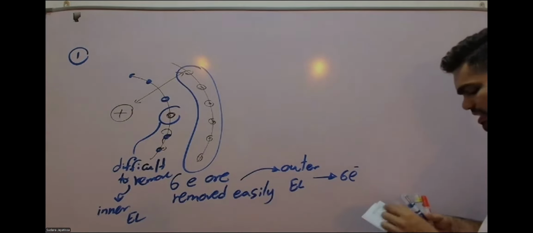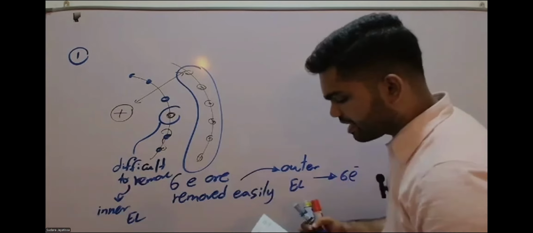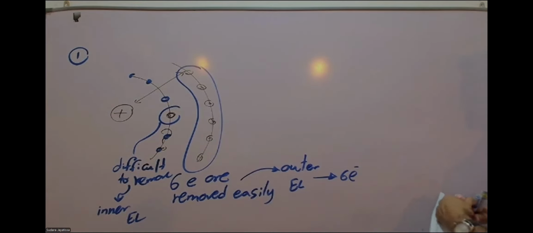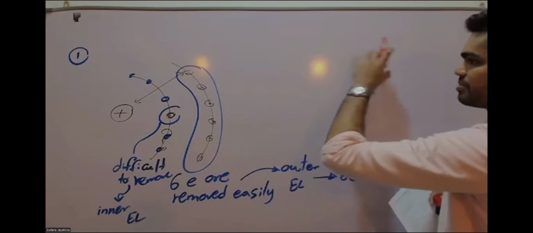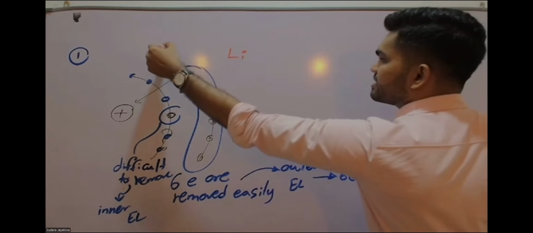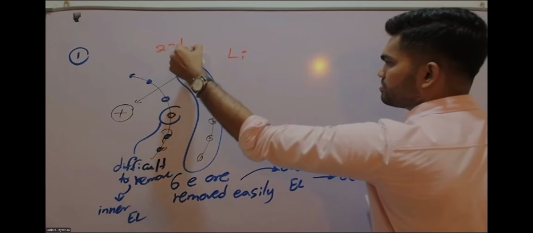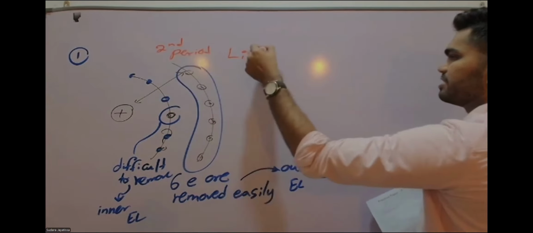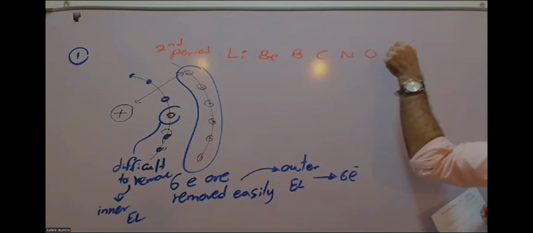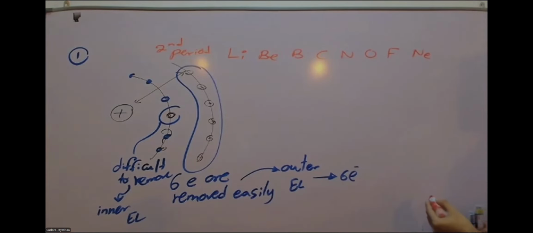Okay, so this question is asking what is that element? Basically, if you get the elements from lithium to neon, that is actually our second period elements: lithium, beryllium, boron, carbon, nitrogen, oxygen, fluorine, and neon. You will be given a periodic table also, so there's no problem.